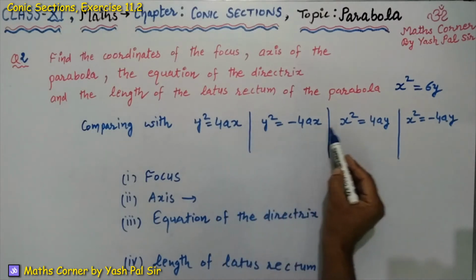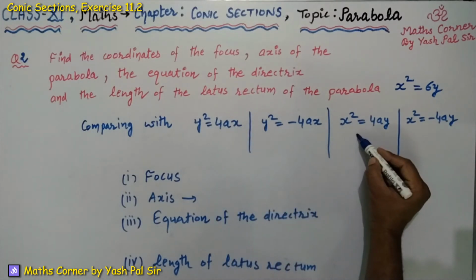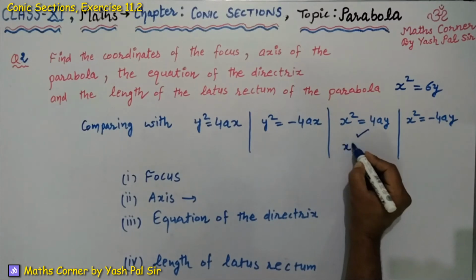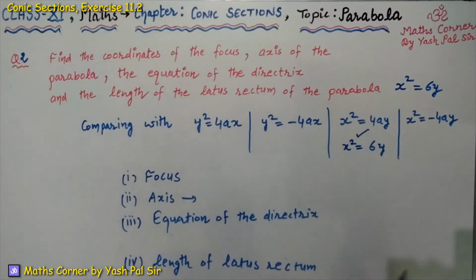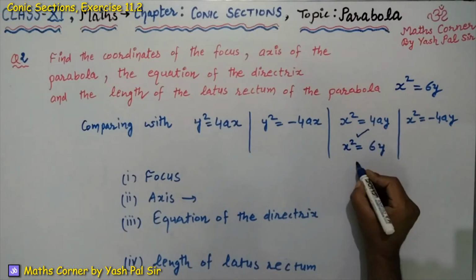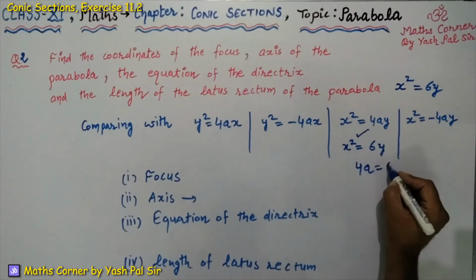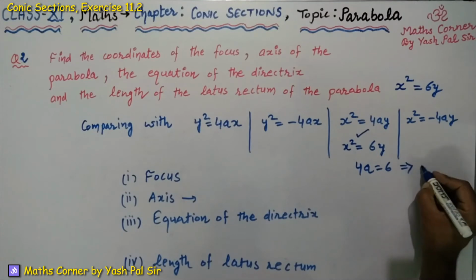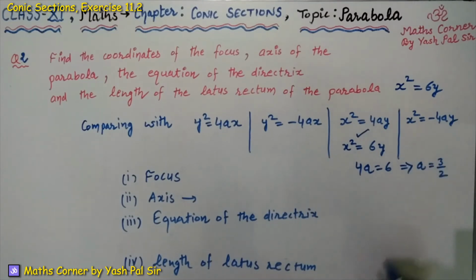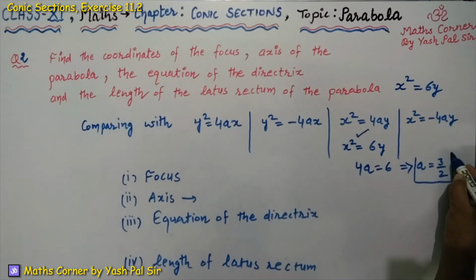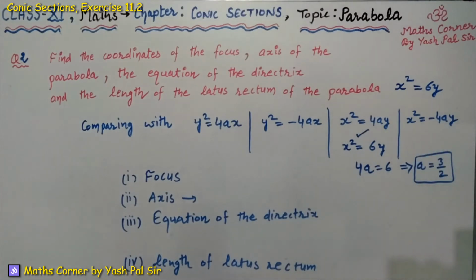Again we are going to compare with x square is equal to 4ay. Here we are comparing, 4a is equal to 6. So this gives us the value of a as 3 upon 2.